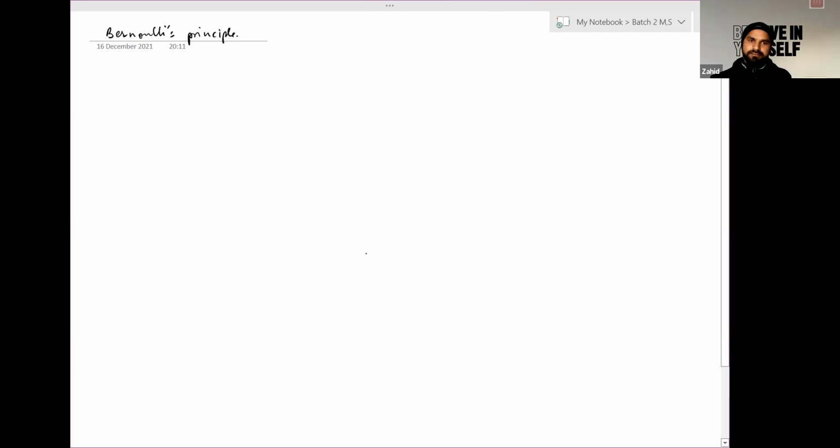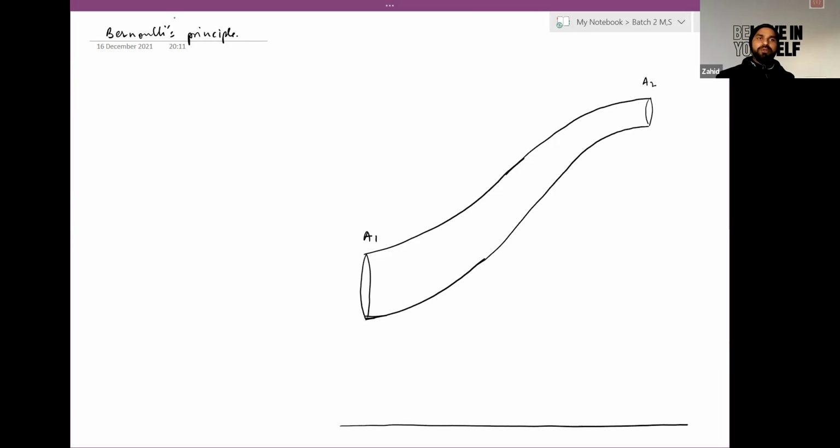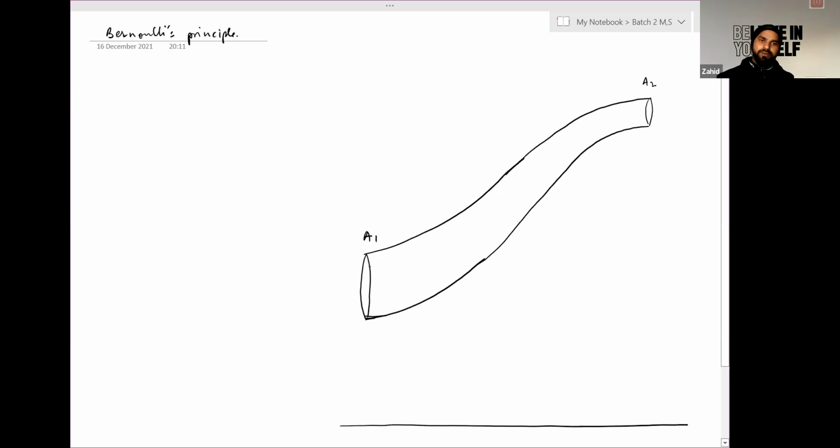Suppose you have a tube of varying cross section and whose ends are at different levels. Let's say this has area A1, and this has area A2. This is the horizontal level in which non-viscous and incompressible liquid is flowing.